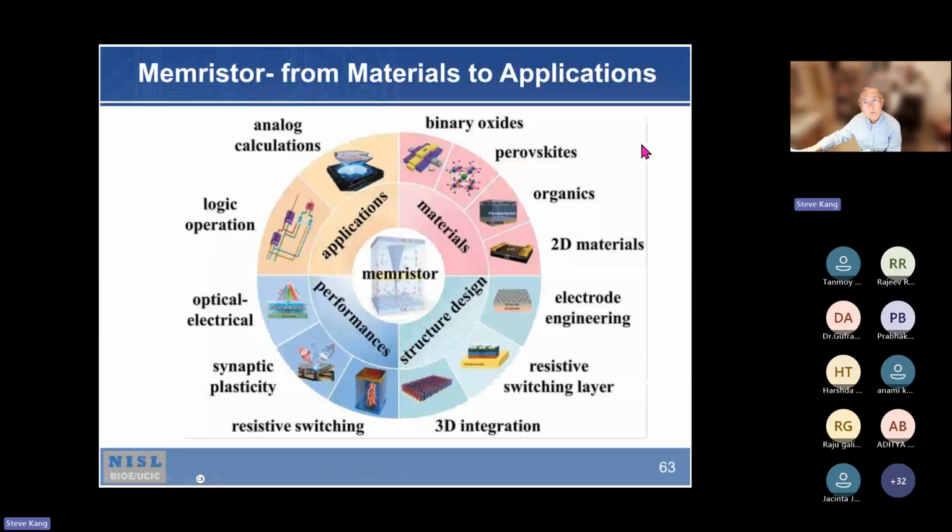Yeah, so its application is either in logic operation or analog computation, like a neuromorphic computing type of thing. So we will see that there is a MAC operation, multiply accumulate operation, which is like an analog version of a matrix multiplication. So it has a nice application relevant to neuromorphic computing, right?